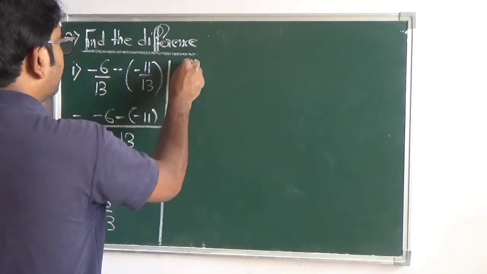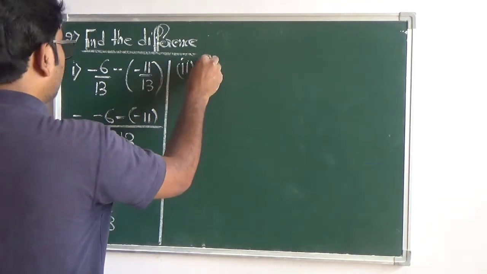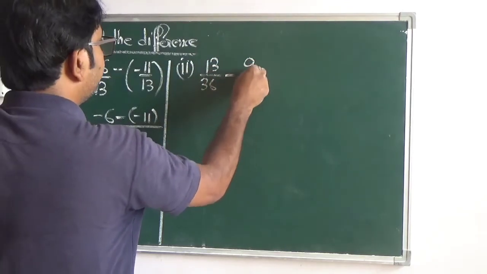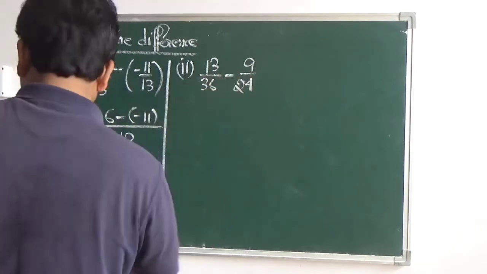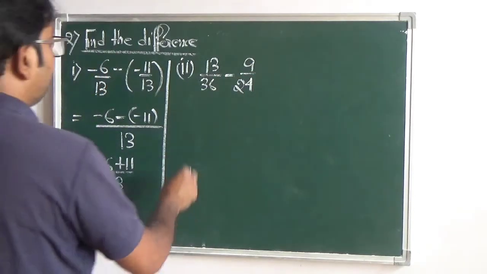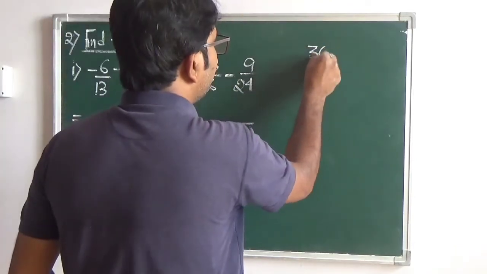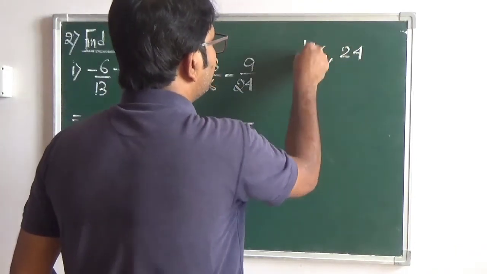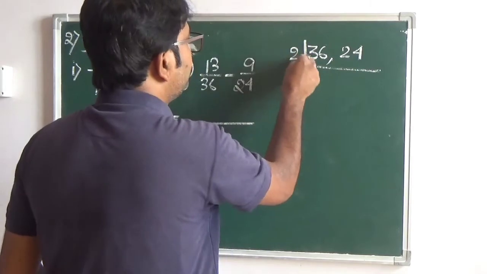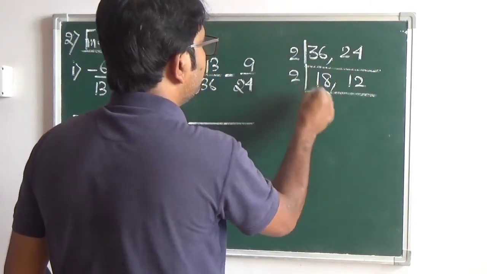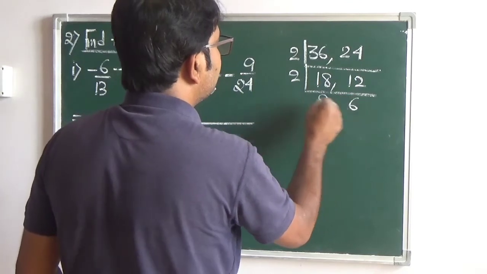Let us take number 2, 13 by 36 minus 9 by 24. So you first need to take the LCM of 36 and 24. If you are not confident enough, find it in this way. So 2, this will be 18 and this will be 12. So 2, this is 9 and this is 6.